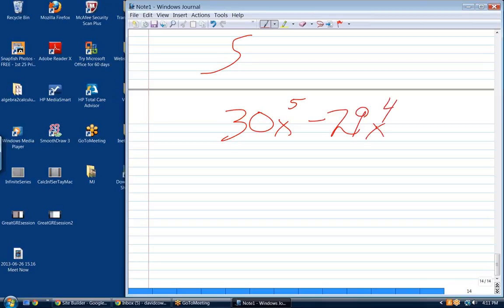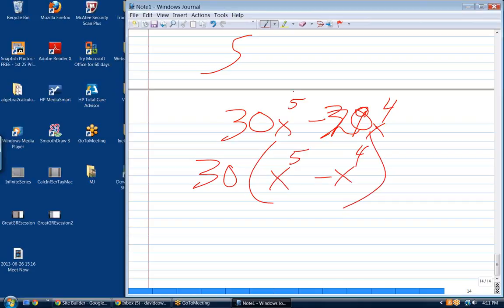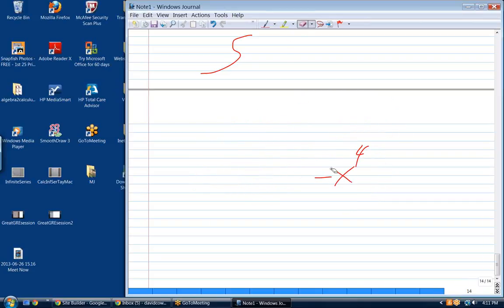I can no longer do this. But as long as it had 30, I can factor out the 30, and I'm left with what I had in my numerator. And that's the key. You're looking for that exact expression or a constant multiple of that.